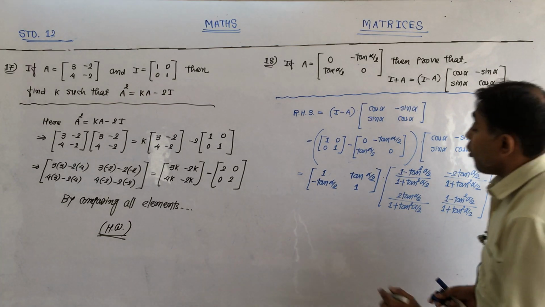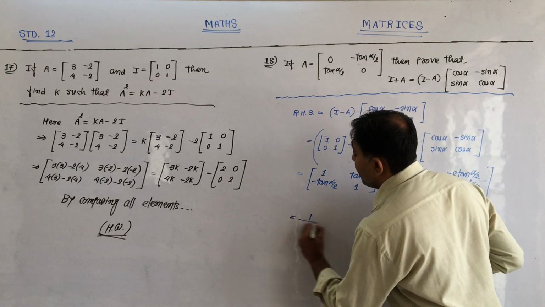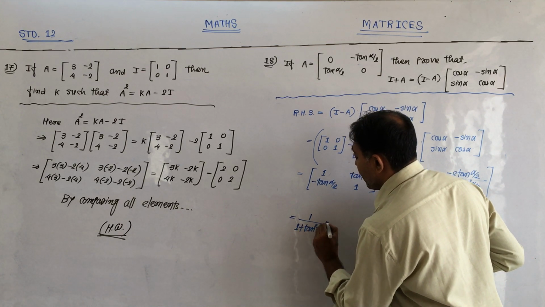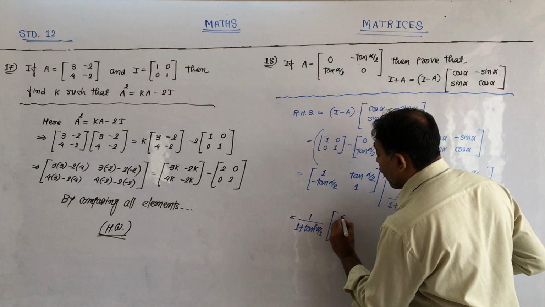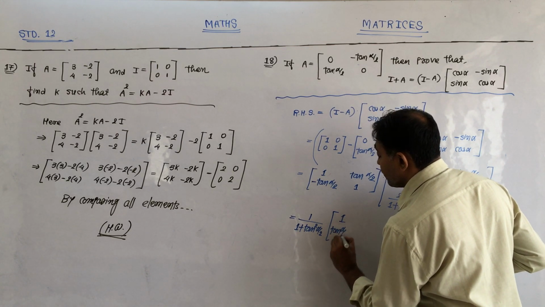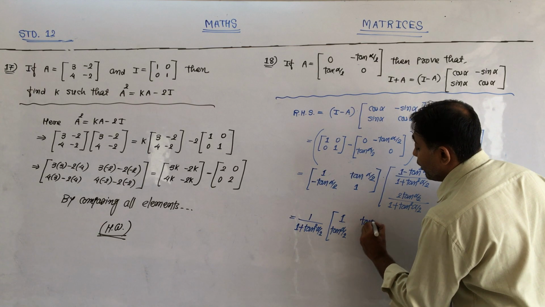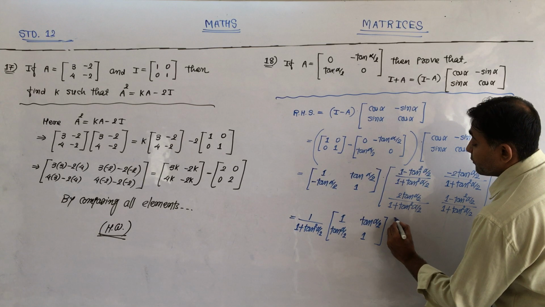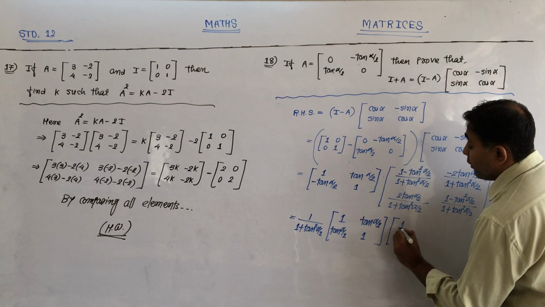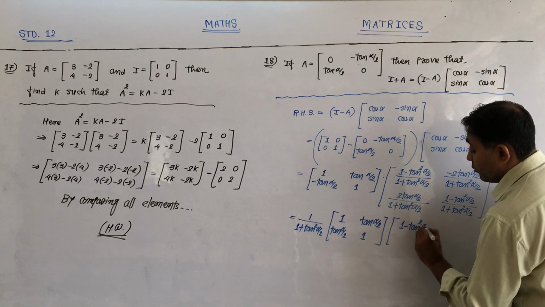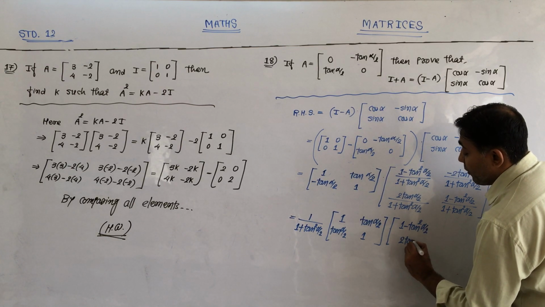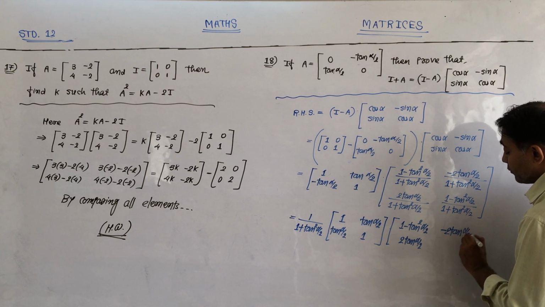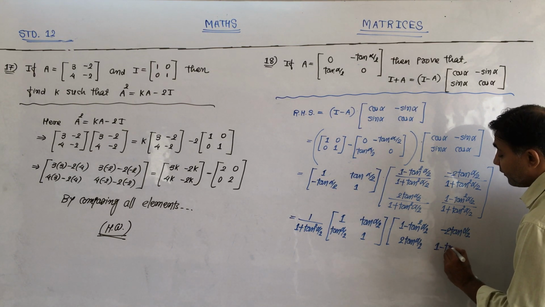So let us take it common. Into the matrix with 1 and tan alpha by 2 in the first row, and minus tan alpha by 2 and 1 in the second row, into the remaining matrix: 1 minus tan square alpha by 2, 2 tan alpha by 2, minus 2 tan alpha by 2, and 1 minus tan square alpha by 2.